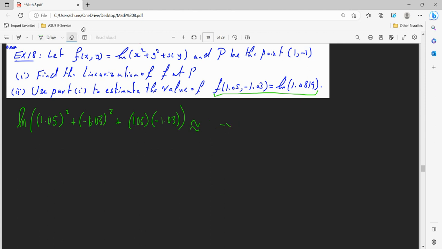Let me just plug those values in. So this is x, 1.05, minus y, and minus 2. So let's calculate this. This is ln of 1.05 squared plus 1.03 squared plus 1.05 times 1.03.